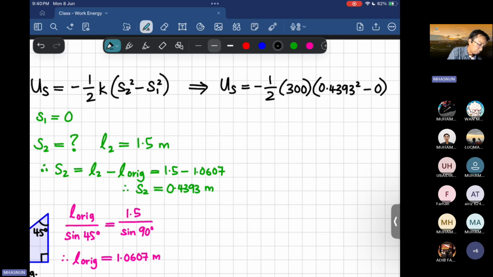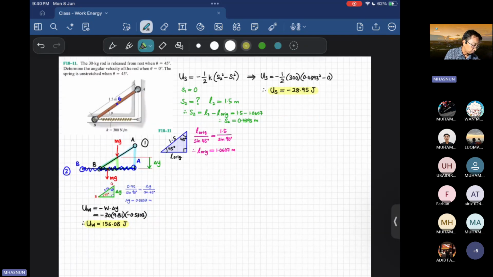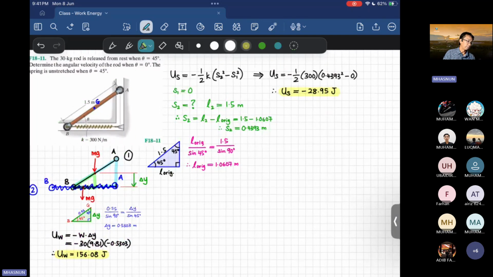S1 kita adalah 0. Therefore, we get the value of US is equal to minus 28.95 joule. Okay, so now we have the UW, which is 156.08, and we have US minus 28.95.